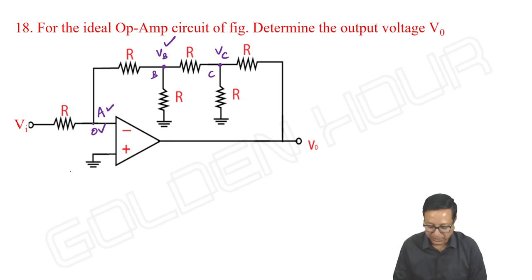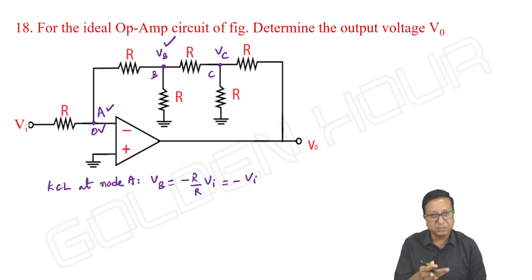I told you. So just for our understanding purpose, I am writing KCL at node A. What you can write by taking this node equation, you can see the voltage at the next point. VB is equal to minus R by R into Vi, minus Vi, which we observed in the previous problem also. Next, by taking this node equation, we can find the voltage at this point.